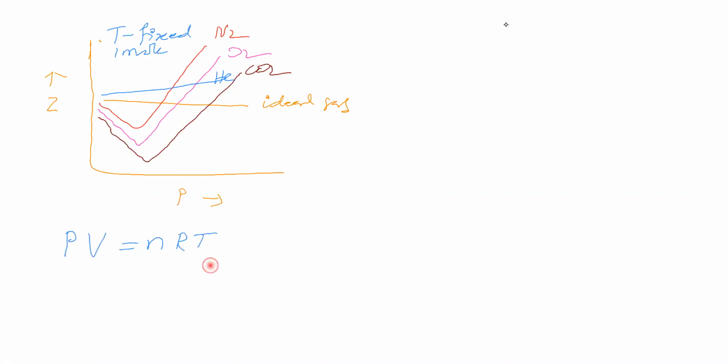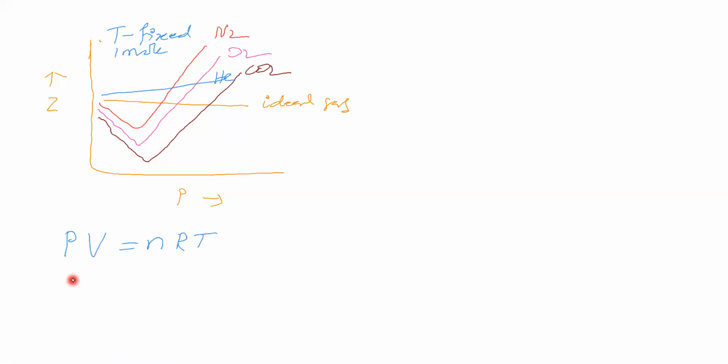To make this equation useful for all the gases, many scientists have modified it. Among these, one equation is called the Van der Waals equation. Van der Waals modified this equation into another form, and that Van der Waals equation is applicable to all the gases. Now we will see what the Van der Waals equation is.